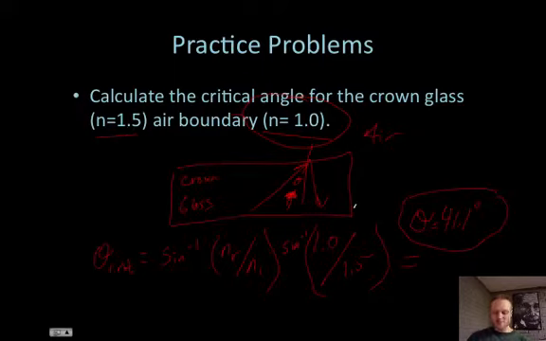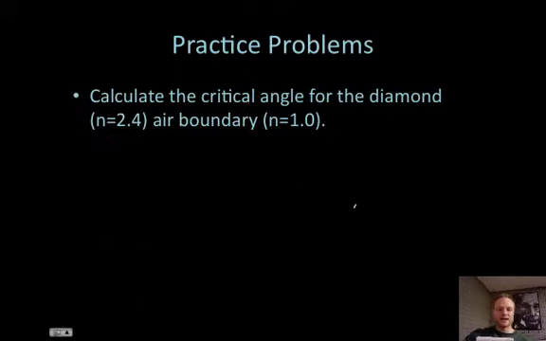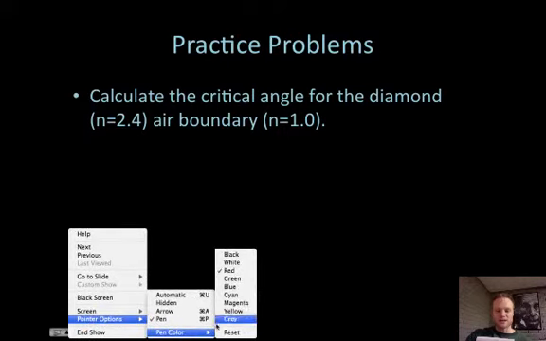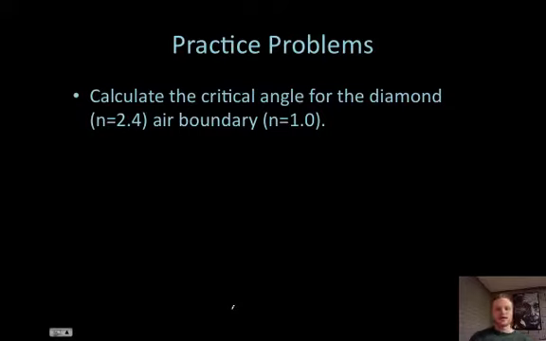Okay, let's do another problem just to practice this a little bit more. Let me change pen colors here just to keep things exciting. It says calculate the critical angle for a diamond with an n of 2.4 going out to an air boundary of 1. So let's make a diamond here, and I'm just going to make a square diamond.